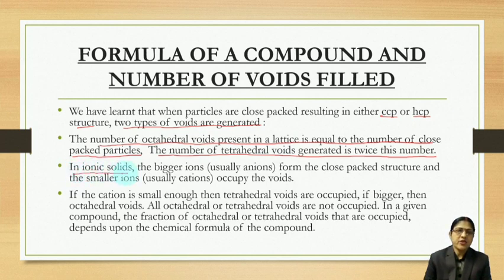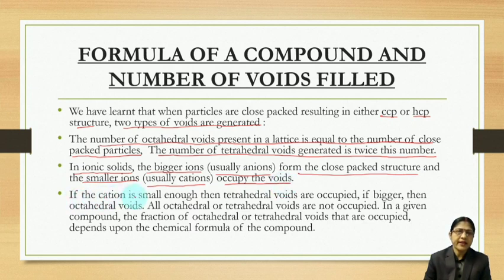In ionic solids, the bigger ions, usually anions, form the close packed structure, and the smaller ions, usually cations, occupy the voids. That means anions form the close packed structure and the smaller cations occupy the voids.